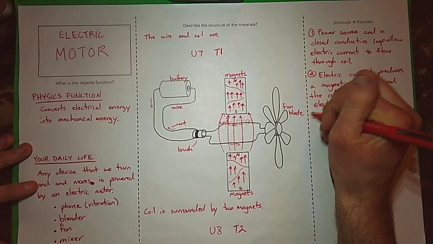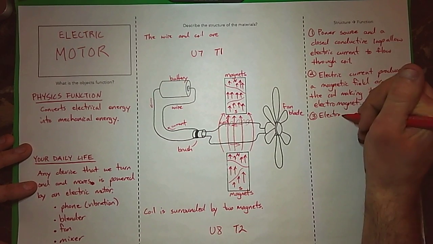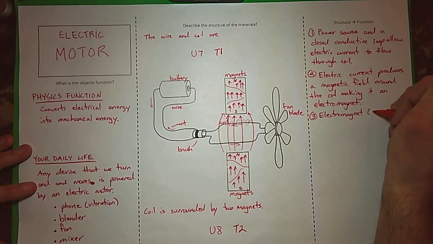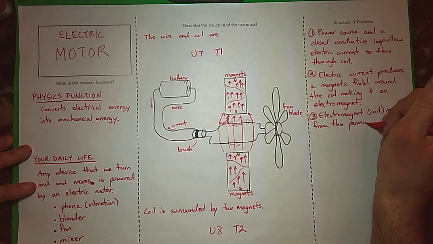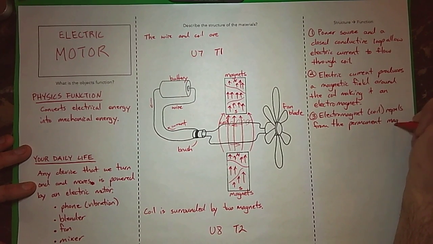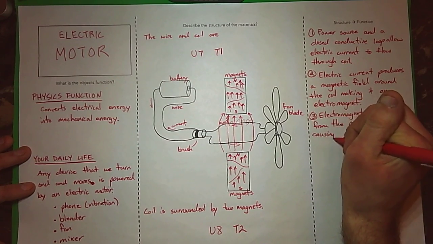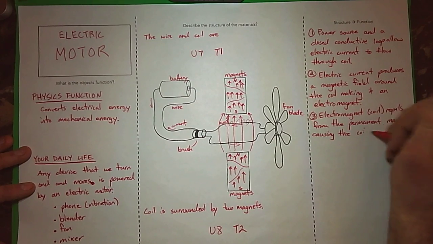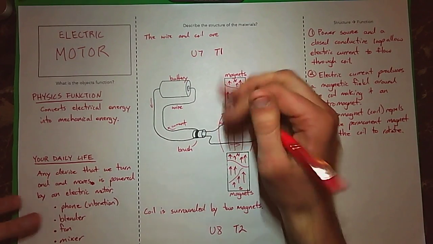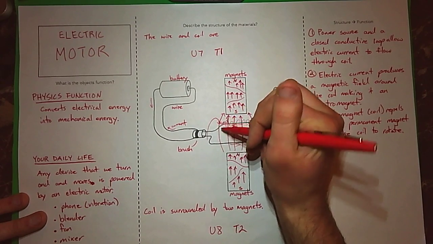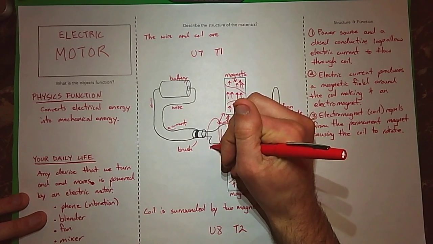So I'm going to say the electromagnet, the coil, repels from the permanent magnet, causing the coil to rotate. So I'm going to draw some rotation right here just to show that that's what's happening with the coil.